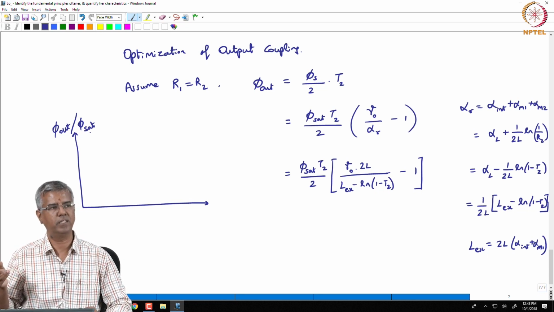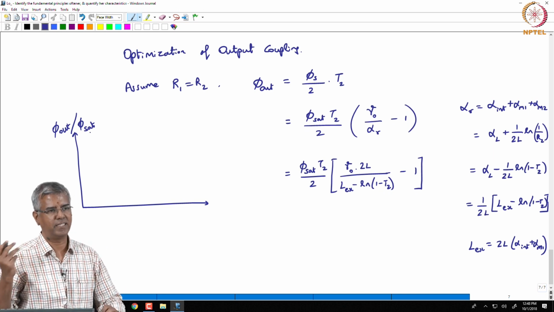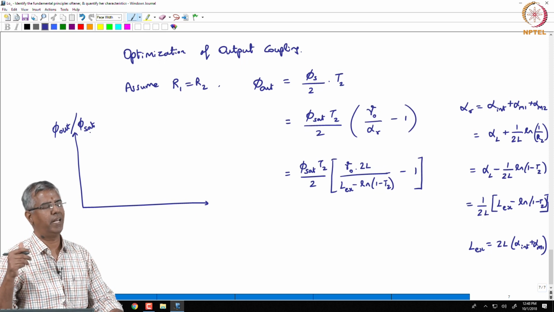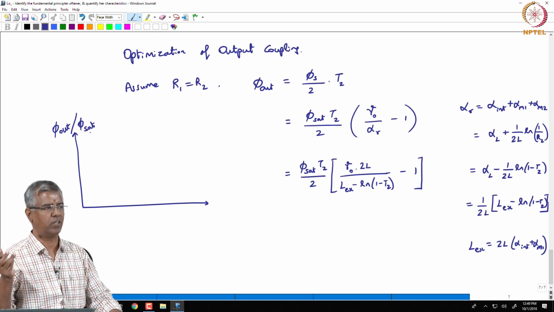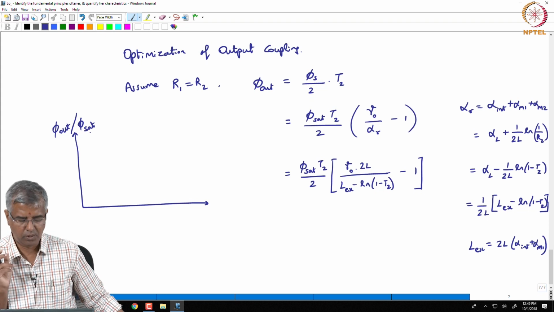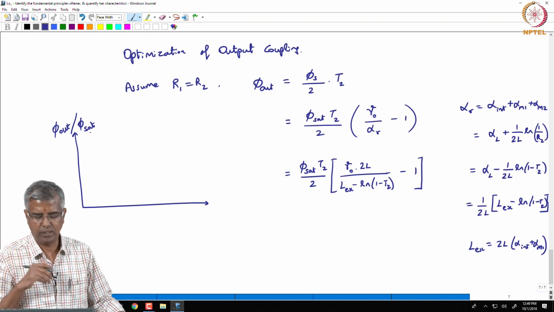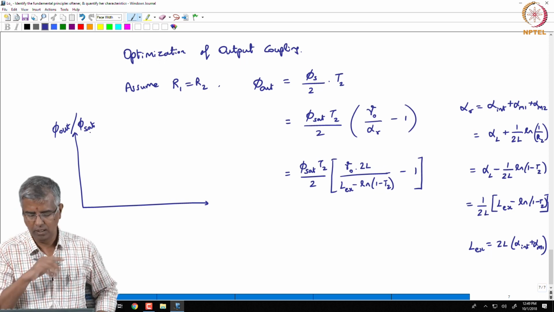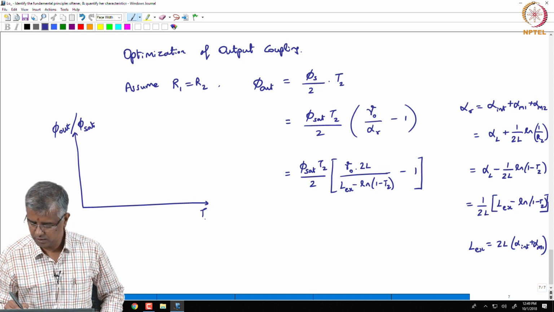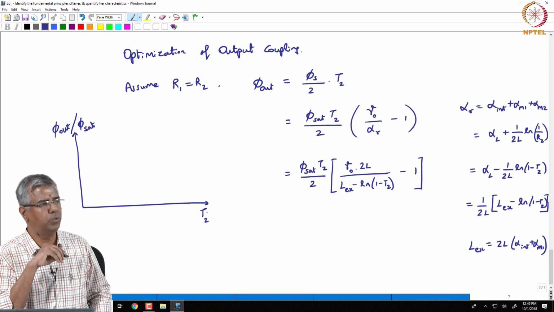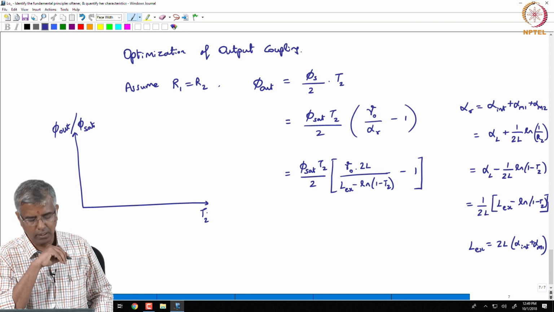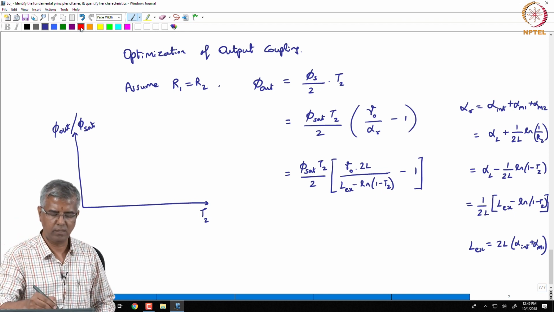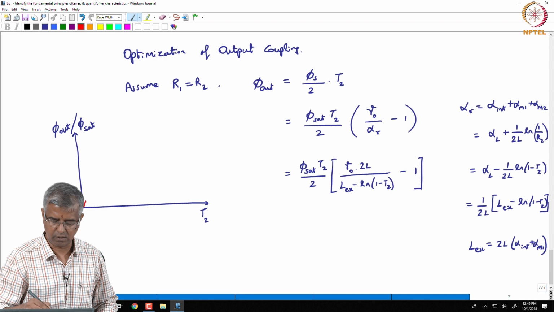What does the saturation flux depend on? That is the excited state lifetime as well as the emission cross section. Okay. So, that will be a constant for a given medium. So, I can just take that out of the equation. That is not a variable that I am interested in. What I am interested in the x axis is T2. Okay. So, if I plot this, I will get some function like this.